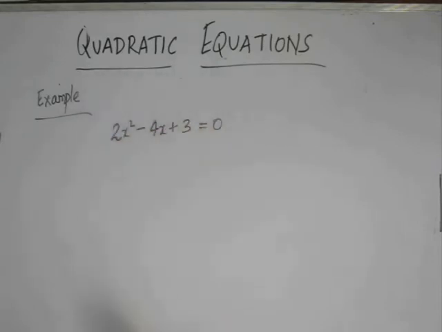This is a quadratic equation and we are asked to find the nature of its roots. That is, we have to find whether the roots are equal, real, unreal or imaginary, or what type of roots this particular system has.